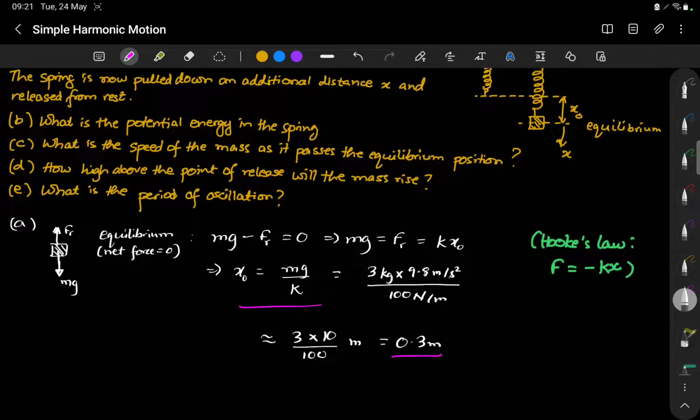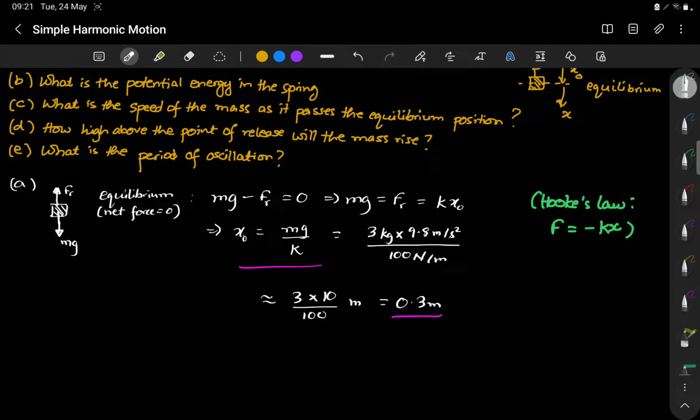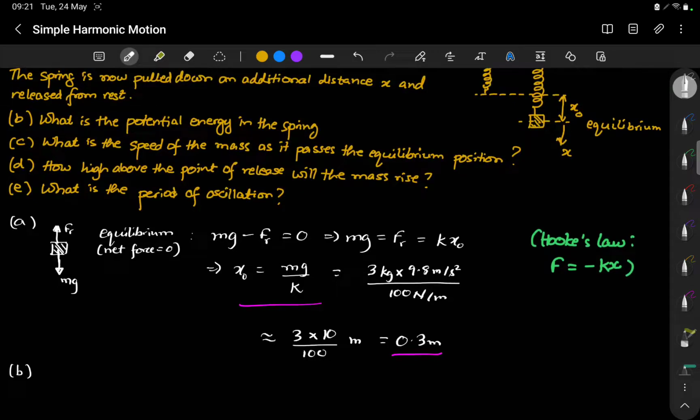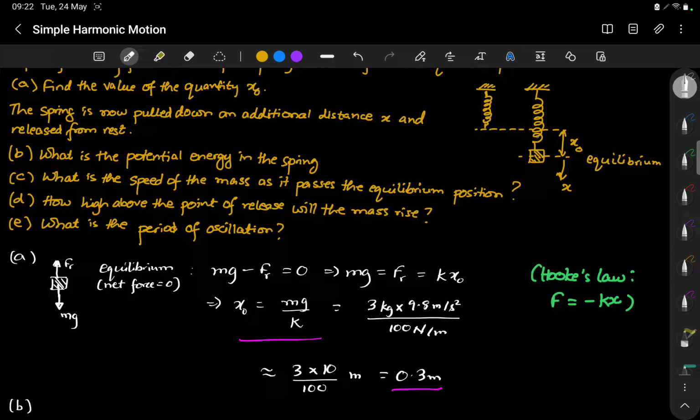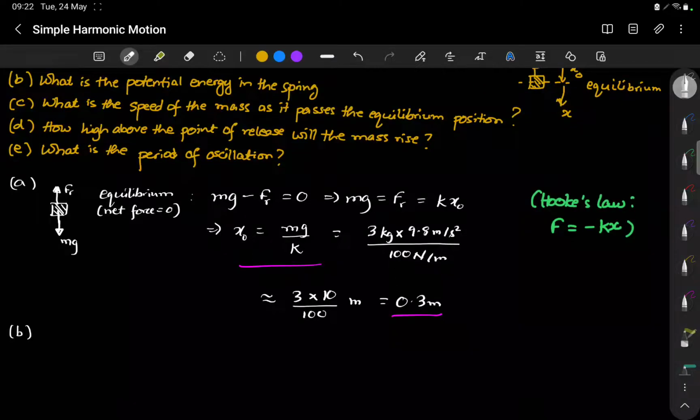Now we will proceed further to the second part. The second part wants us to find out the potential energy of this entire spring mass system when this block is displaced downwards by a distance x. So the potential energy is given as half kx squared.